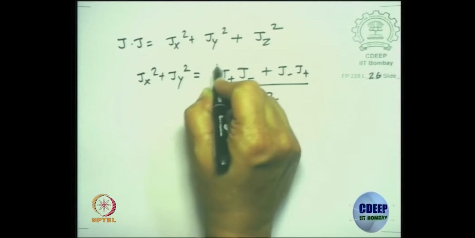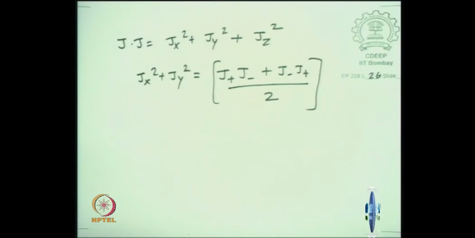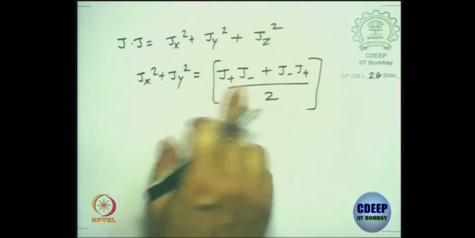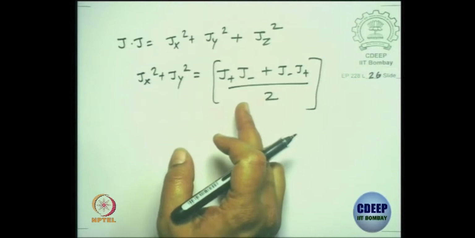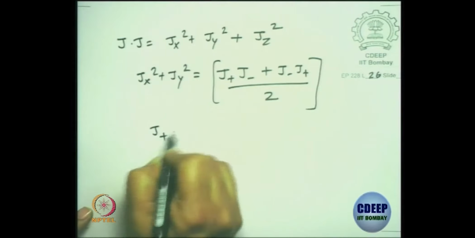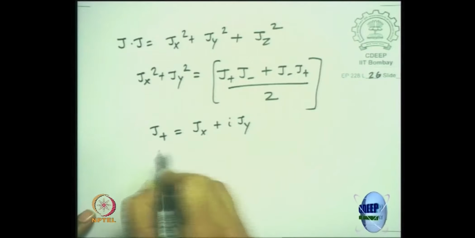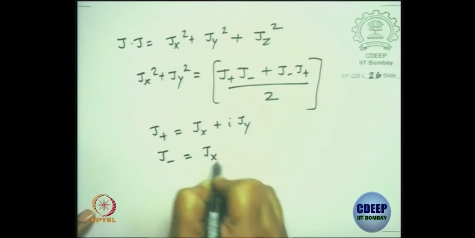Is this correct? I need to be careful here. Why? Because J plus and J minus don't commute. So what is J plus and J minus? J plus is Jx plus i Jy. J minus is Jx minus i Jy.